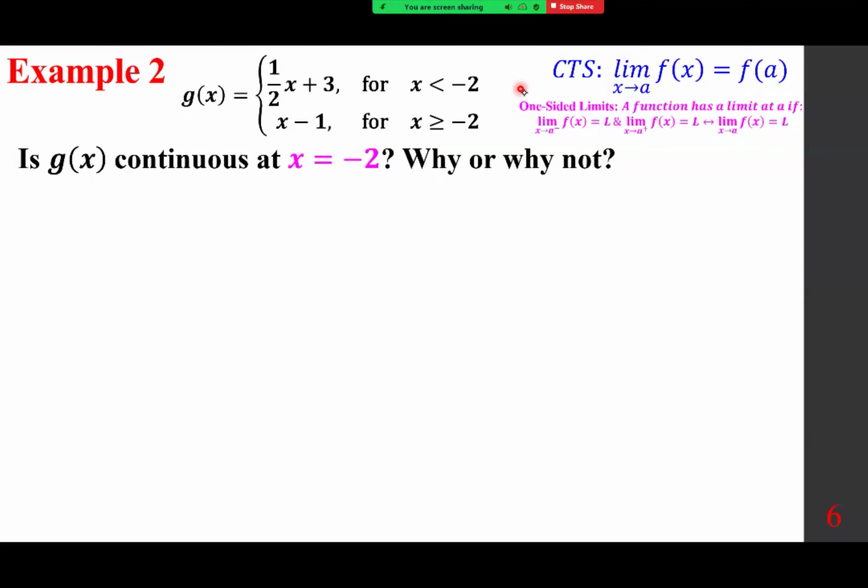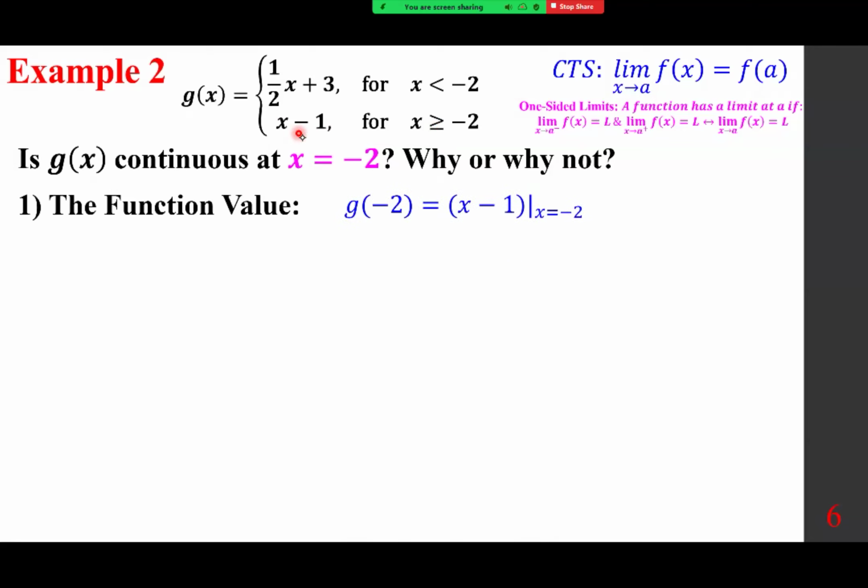So we are going to look at three things. We are going to look at the function value and the left side and the right side limit. And the function value uses the equality. For the functional value, we use the equality part, which means we use this one. And we say g of -2 is x minus 1 such that x is -2.